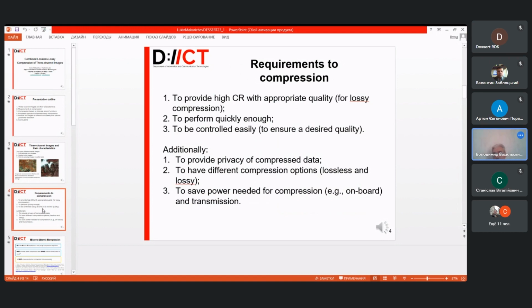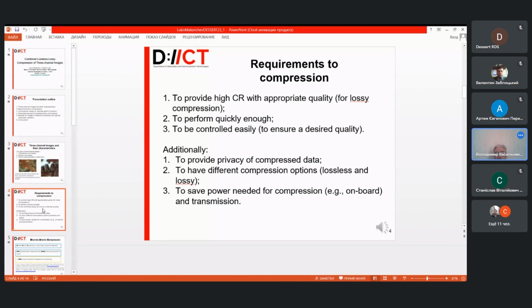Second, compression should be performed quickly enough, both compression and decompression. Third, it is often needed to control quality of lossy compressed images, and this control should be done quite easily in order to provide a desired quality of compressed data. But these are, let's say, general requirements.